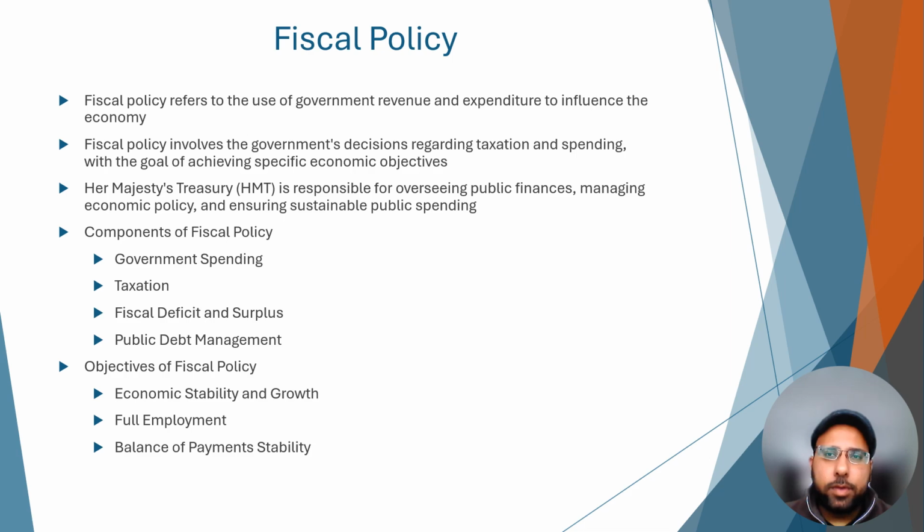Finally, we're just going to have a quick look at what the objectives of fiscal policy are. What is the aim at the end of the day? One will naturally always be economic stability and growth. The policy aims to reduce fluctuations in the economy by counteracting any form of inflation or recession situations that could come about.